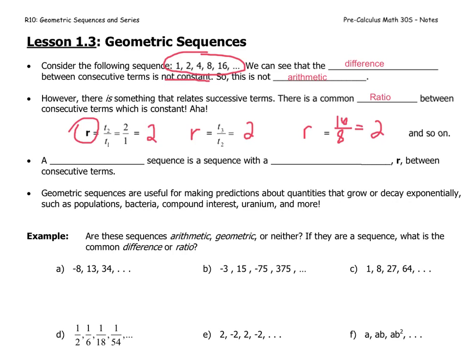Okay, so we can define this idea here. And we say that this is a geometric sequence. Okay? A geometric sequence is a sequence with, well, you guessed it, a common ratio.